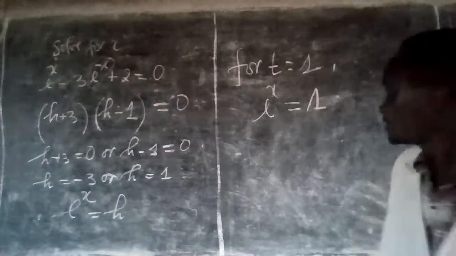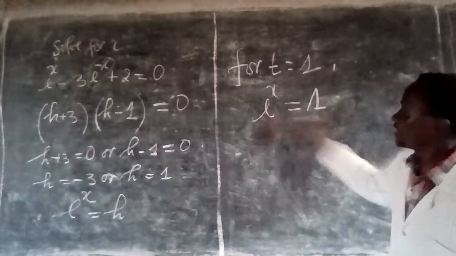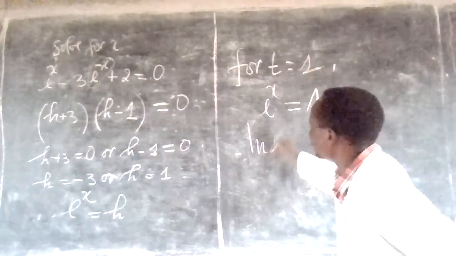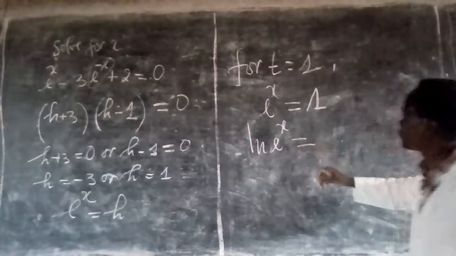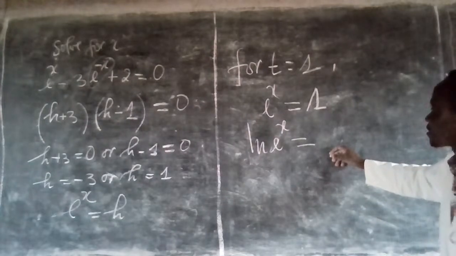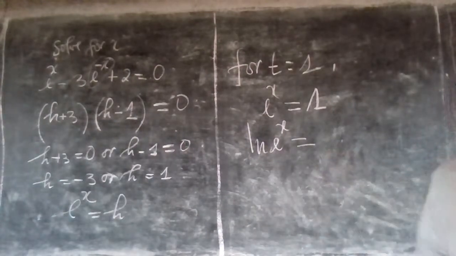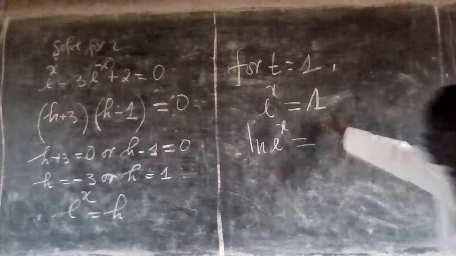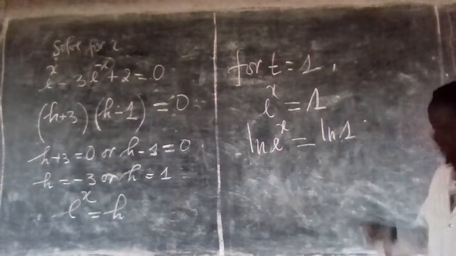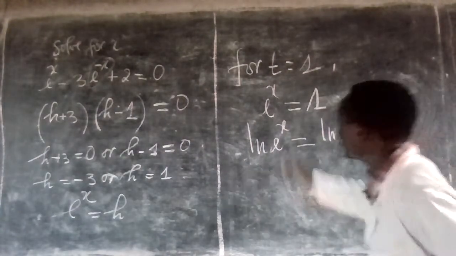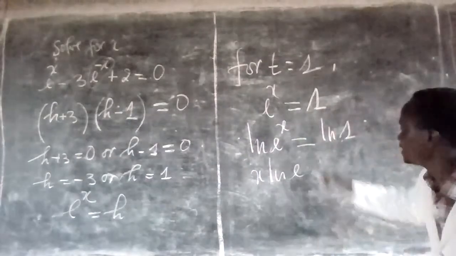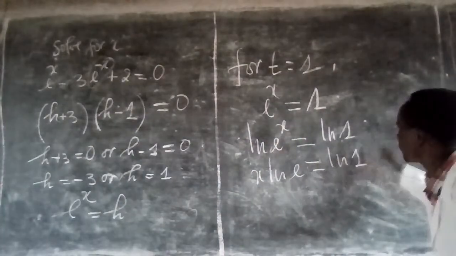Yes, right? Now we have to apply ln to both sides. It is ln of e power x, which is equal to ln of 1. So finally, putting x here, ln of e is equal to ln of 1.